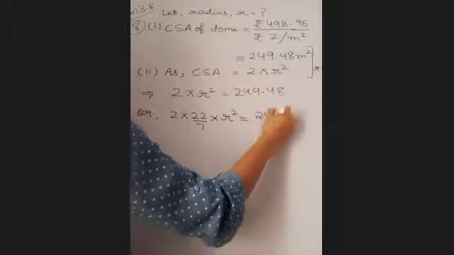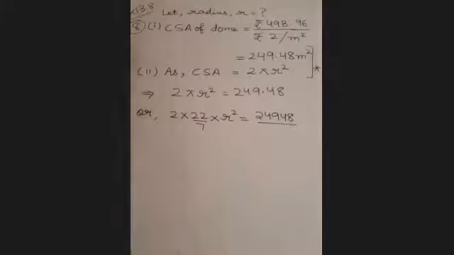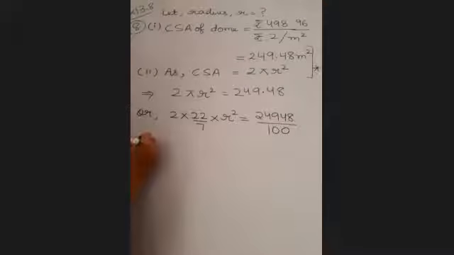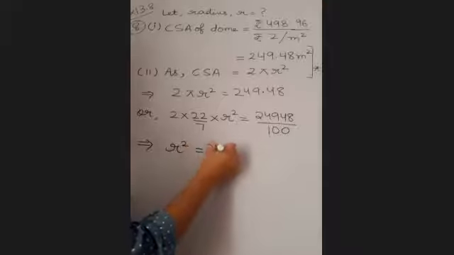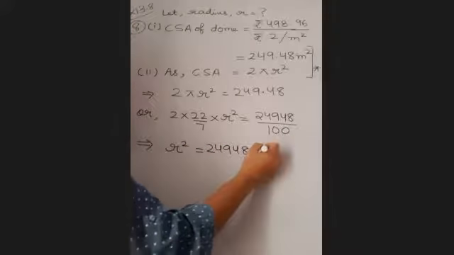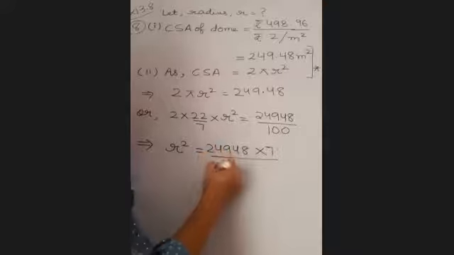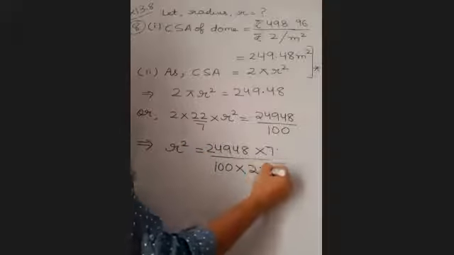Let me remove the decimal from here. After decimal there are 2 places, so this will be 100. And now this gives me r square is 24948 into 7 divided by 100, and this 2 and 22 will also be here in the denominator.